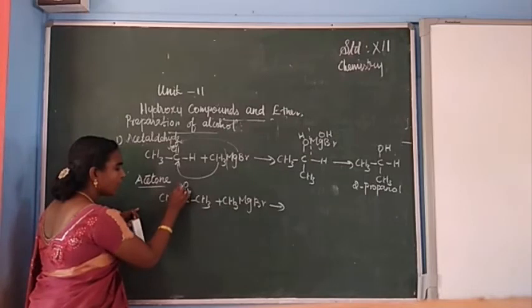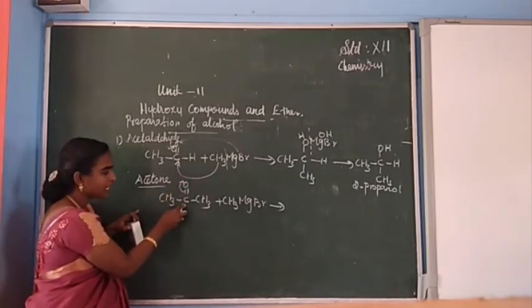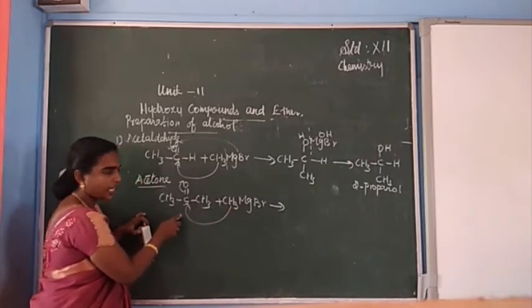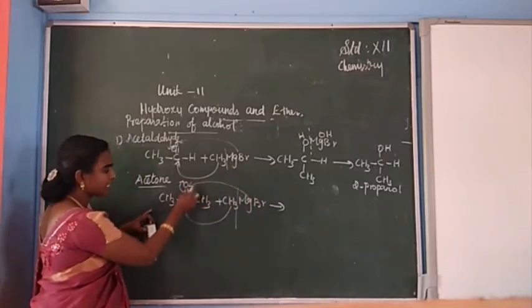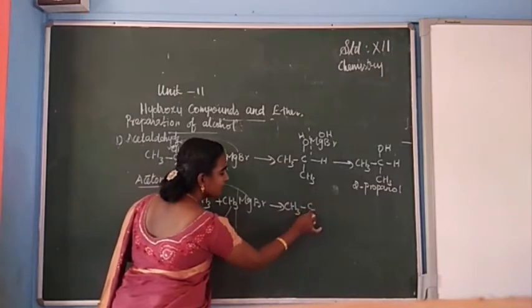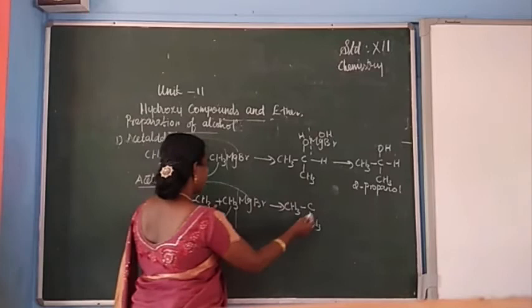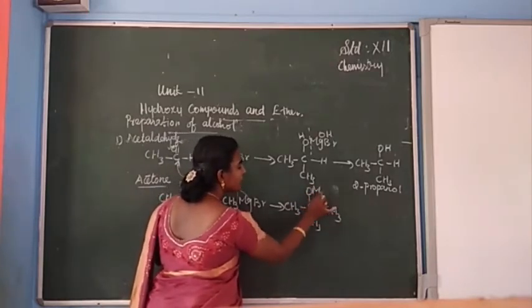This bond will be shifted in this direction so that the carbon gets a positive charge, and this alkyl group will be substituted to this carbon, and the MgBr will be substituted to this oxygen atom. So the answer is CH3 C, CH3, and here also one CH3, here OMgBr.